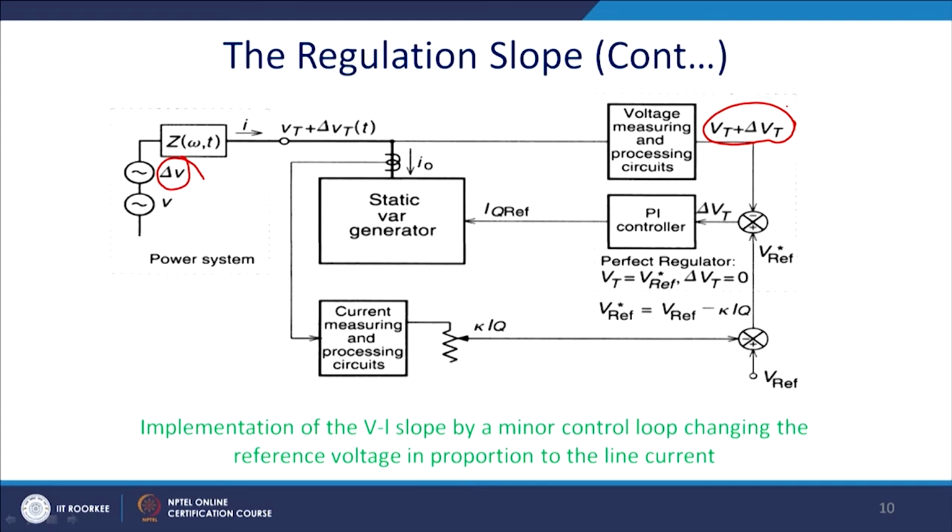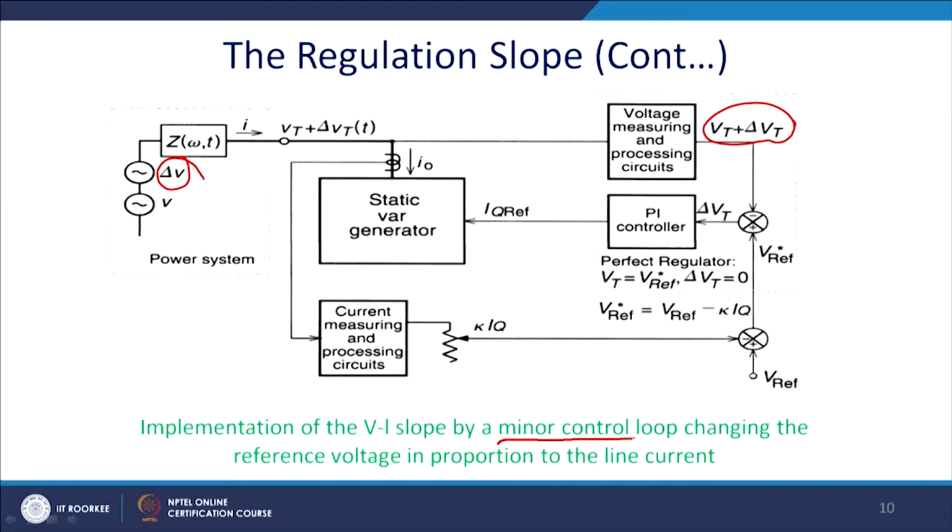So, the error delta Vt will come and will give you the reference. For a perfect regulator, Vt equals Vref and delta Vt equals 0, and Vref is generally Vref minus k into IQ, where k is the gain of this proportional controller. Thus, it will ensure the sharing of this reactive power between all the elements.